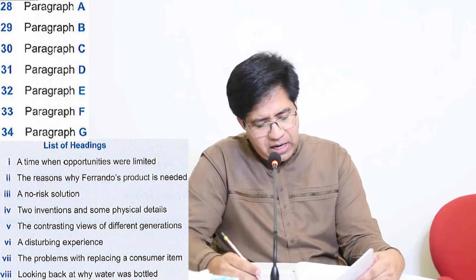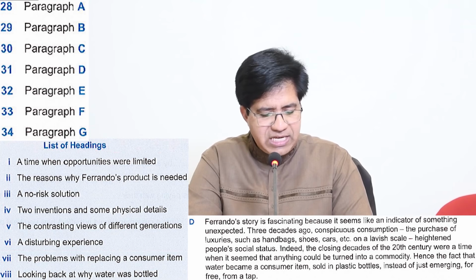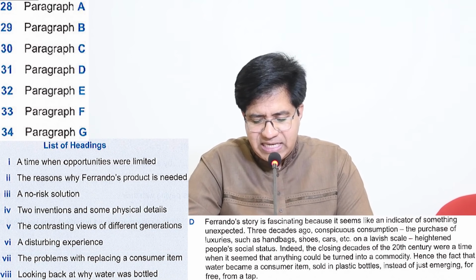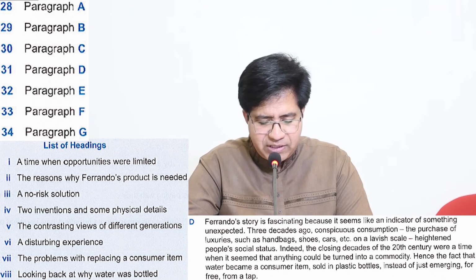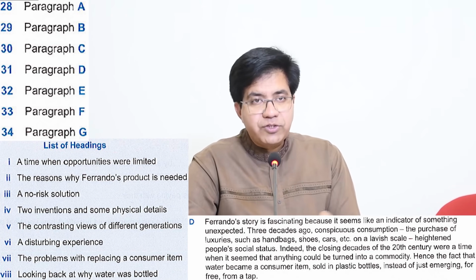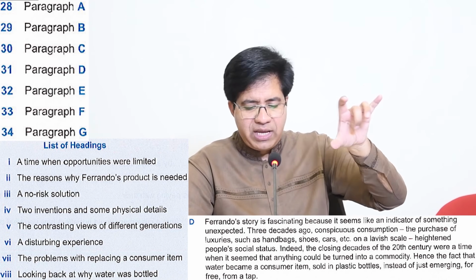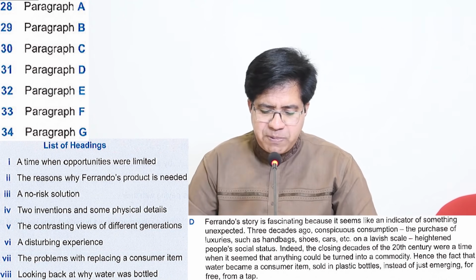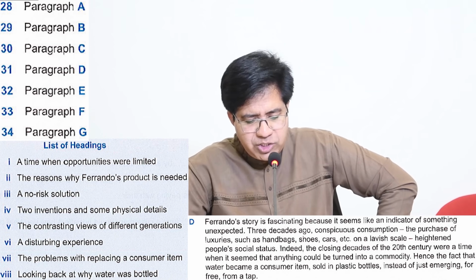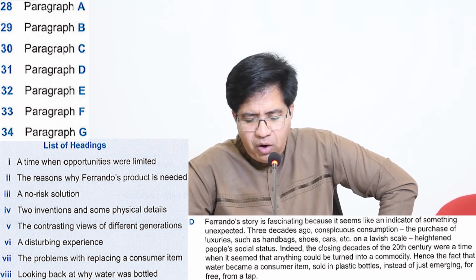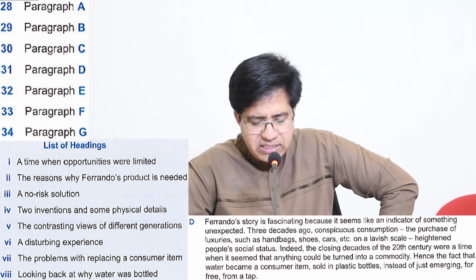Next we have paragraph D. And paragraph D is: Ferrando's story is fascinating because it seems like an indicator of something unexpected. Three decades ago, now they are linking Ferrando's story to three decades ago, conspicuous consumption, purchase of luxuries such as handbags, shoes, cars, etc. on a lavish scale, heightened people's social status.